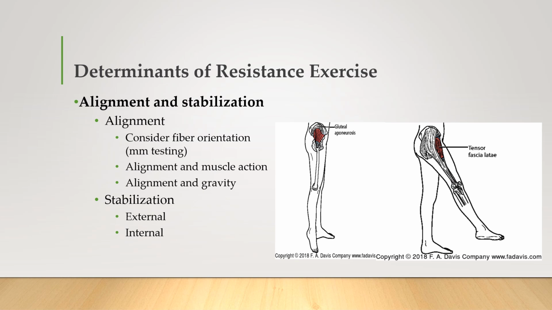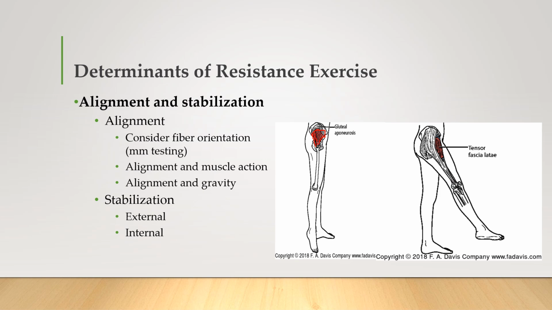And what I mean by alignment is something that you've been talking about in your kinesiology course, especially in manual muscle testing. In order to target the correct muscle for exercise, we have to make sure of proper alignments. Like let's say for the glute med, for example, on this image here, right?